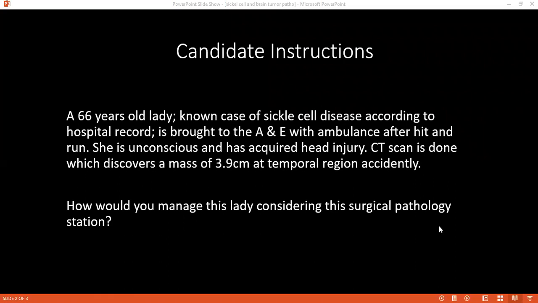Then the other presentation may be features of raised intracranial pressure. I'm not sure all the manifestations that you are telling me are for temporal lobe. You are kind of mixing as well.